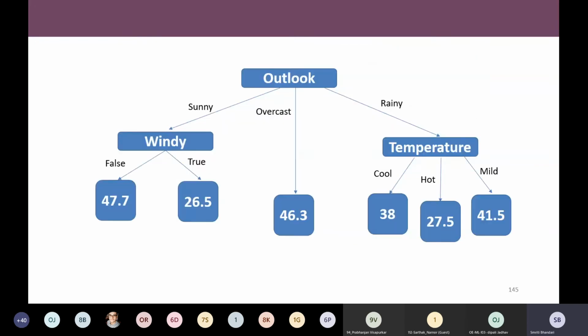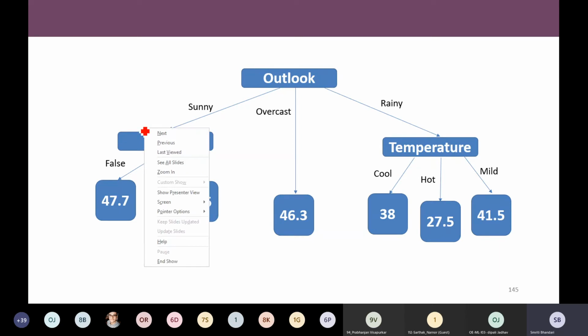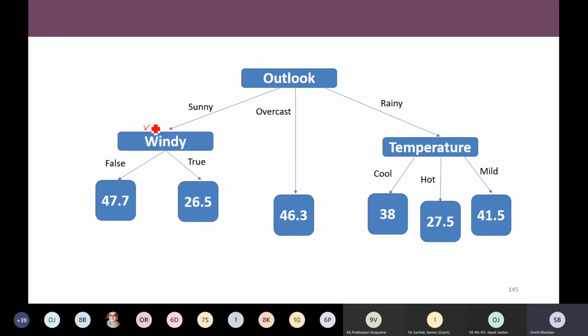Under Outlook, we have 3 branches. We do not need to expand it further, so we reach the leaf node. With reference to the earlier slide, the next decision node that we have found is windy under Outlook equal to sunny.